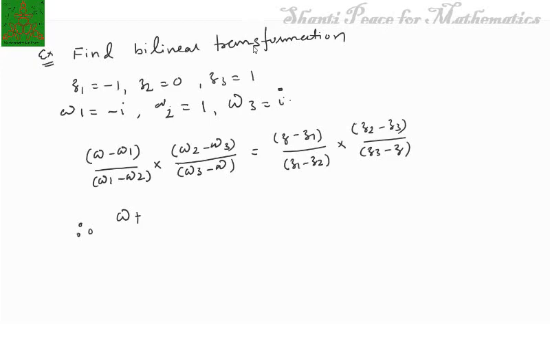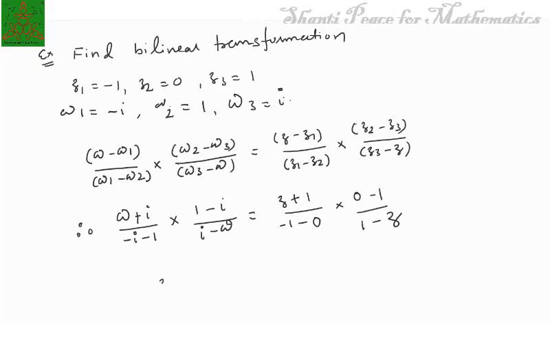So we'll have W plus i upon W1, which is minus i, minus 1, into W2, which is 1, minus i upon i minus W. Here we'll have Z plus 1 upon Z1, which is minus 1, minus 0, into Z2, which is 0, minus 1 upon 1 minus Z. Finally, if you simplify the numerator, you will have W minus Wi plus i minus i square, that is plus 1.